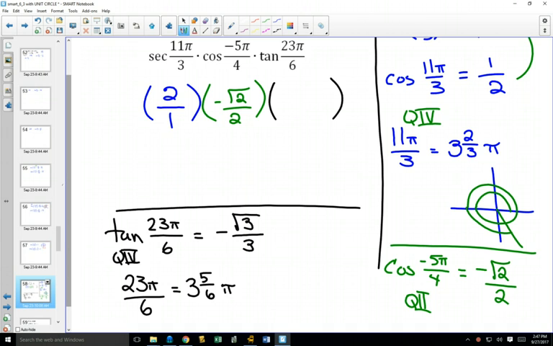If you see an angle that has pi over 4, its reference angle is going to be pi over 4. And so all you need to know as far as your values are is what they are in quadrant 1. So I know that tan of pi over 6 is root 3 over 3. And so I know that tan of 23 pi over 6 is going to also be root 3 over 3, but it has to be negative because it ends in quadrant 4.